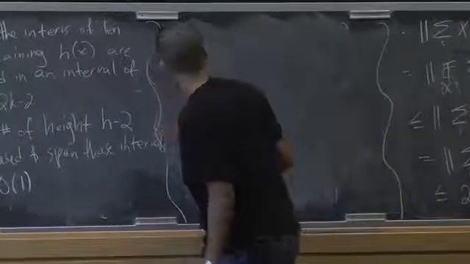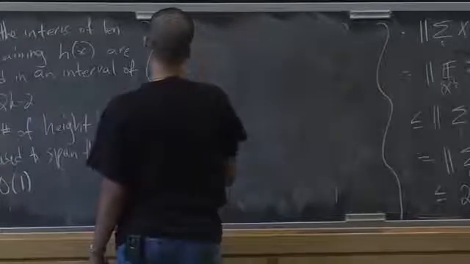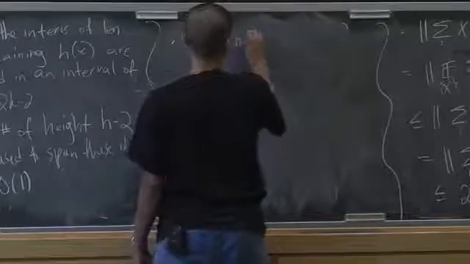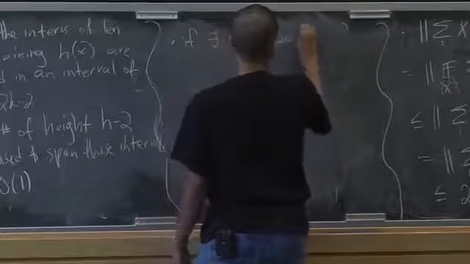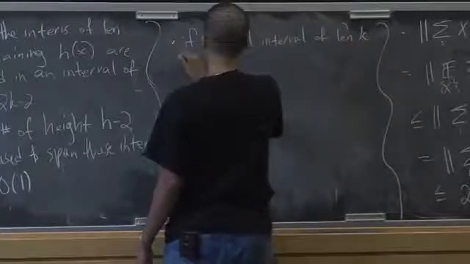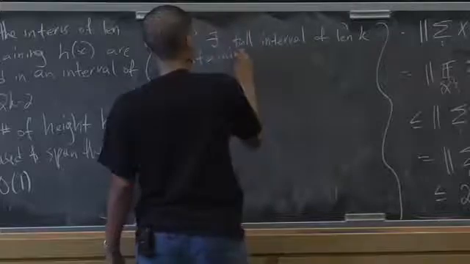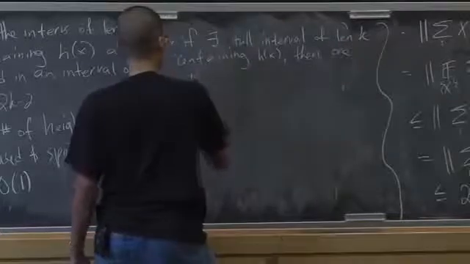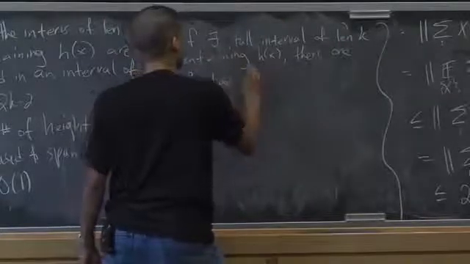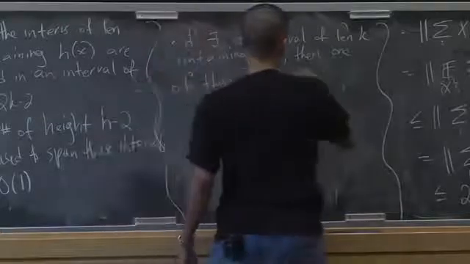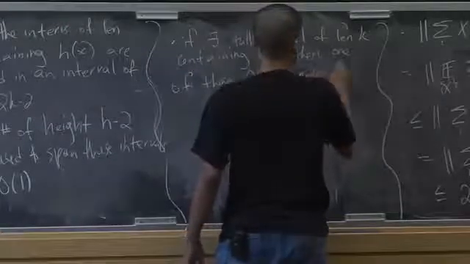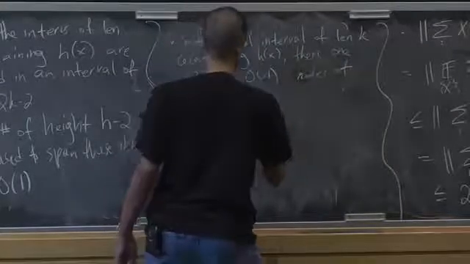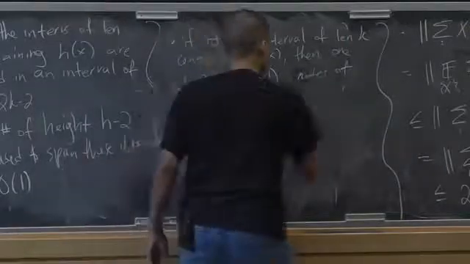So if there exists a full interval of length k containing h of x, then one of these O of 1 nodes of length theta k, let's say at least k over 8, must be dangerous.